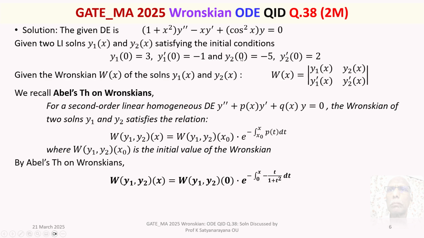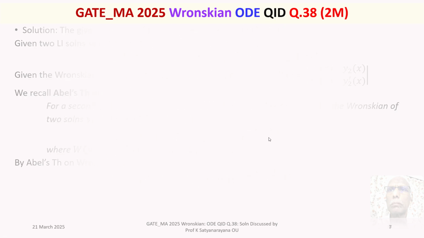In our case, the initial point is 0, multiplied by e to the power of minus integral from 0 to x of p of t dt. Here p of x is minus x by 1 plus x square, so p of t is minus t by 1 plus t square. We continue in the next slide.